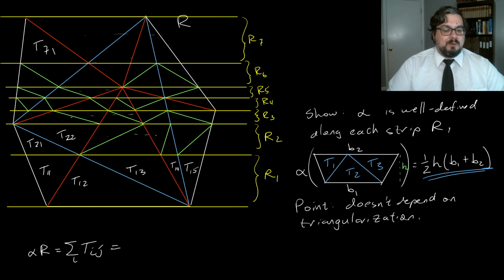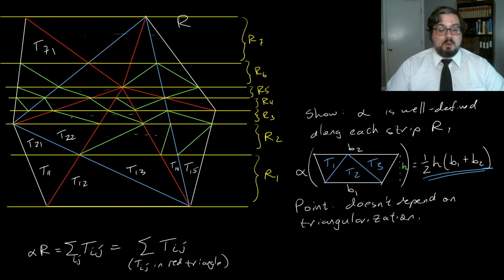But the point is that's equal to the sum of all the Tij's, where we group them up according to the red triangles in the decomposition. Let me state that a little bit better.